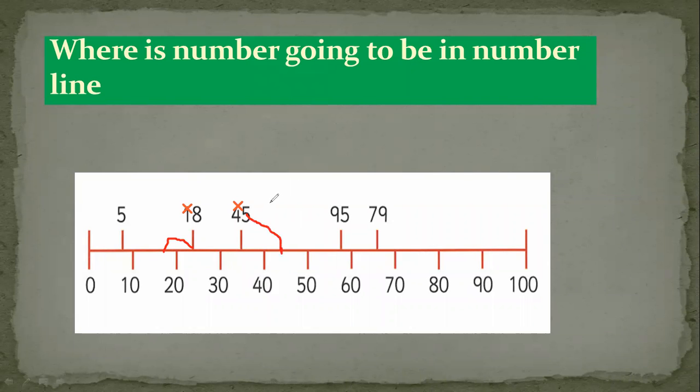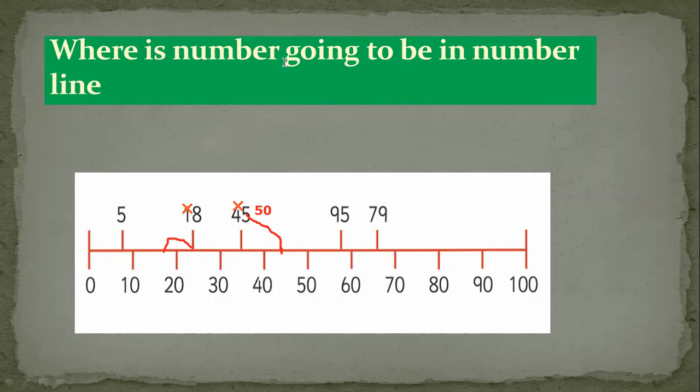When we round 45 to the nearest 10, it will be 50. Why will it be 50? Because it is the midpoint between 40 and 50. And I have told you people, if the number is the midpoint or more than the midpoint, we are going to take the next 10. If it is less than the midpoint, then we are going to take the last 10.